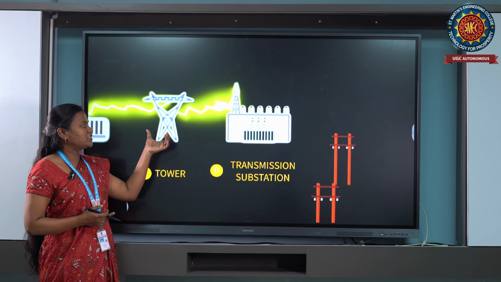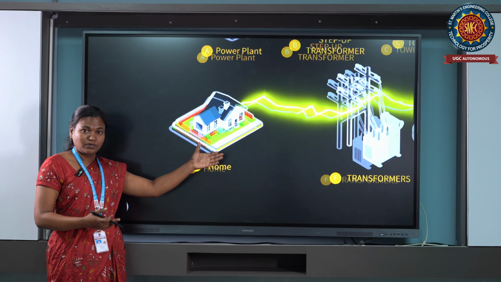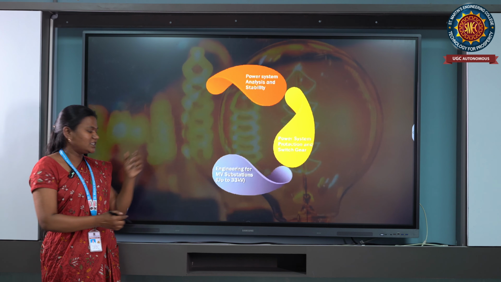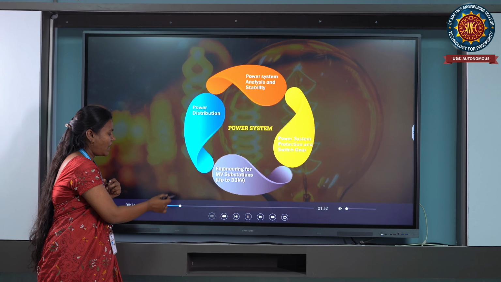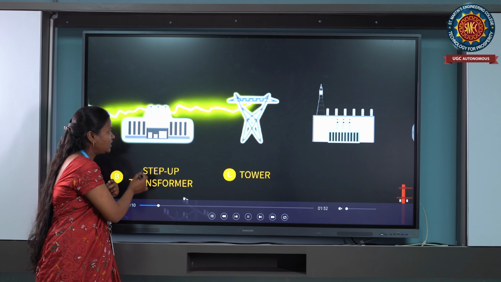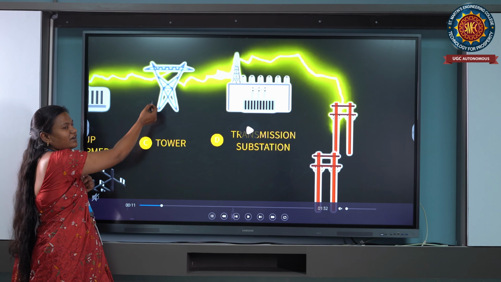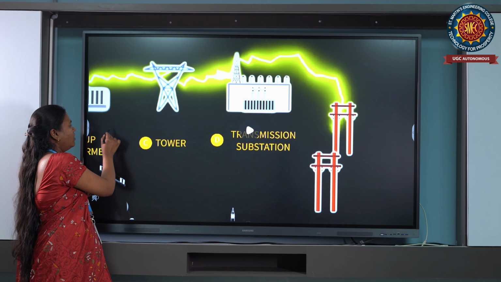See how we can generate the power and how we are getting the power to home applications or industrial applications. From the generating station, through this tower, just now I explained that this is nothing but a tower.